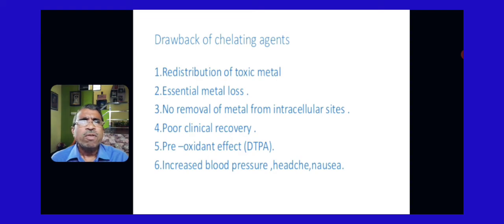So like this we have the drawbacks like no removal of metal from intracellular sites, poor clinical recovery, pro-oxidant effect, increased blood pressure, headache, nausea. These are all some of the effects of the chelating agents. Students, go through these aspects and try to learn about these things by repeated reading.